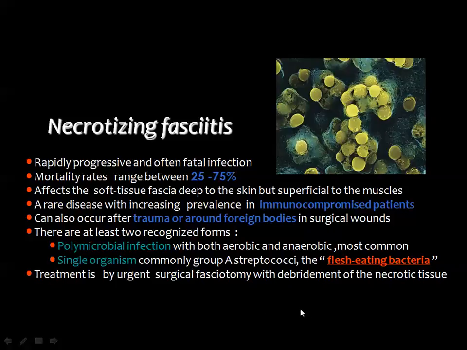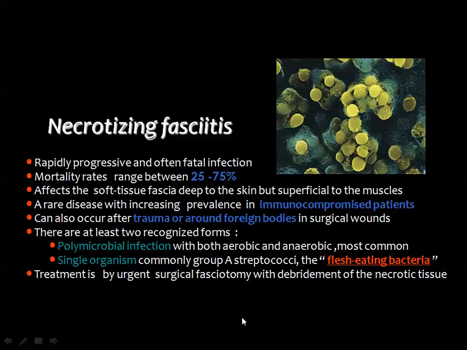And this disease affects the soft tissues and the deep fascia, the fascia deep to the skin but superficial to the muscles. I mean, the infection is usually in the subcutaneous area.